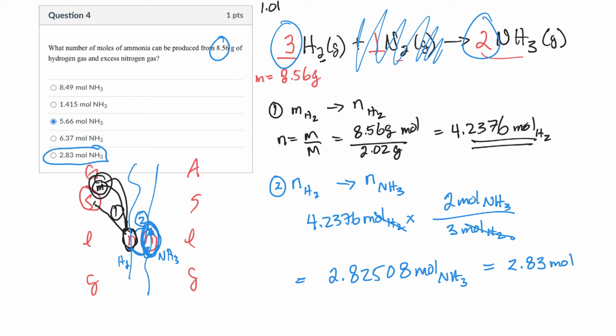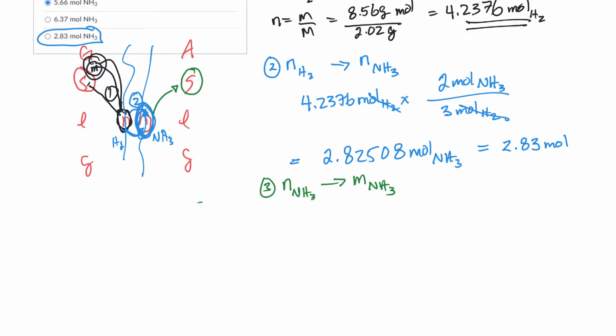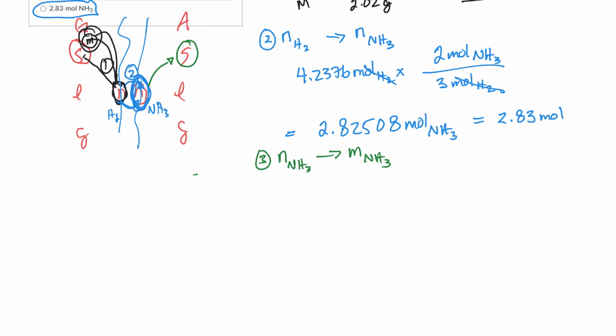Now, had they asked you what is the mass of ammonia gas, let me do that with a different color. If they'd asked me for the mass of the ammonia gas, I'd have to do one more step. I'm going to do it. So I wanted to take the moles of ammonia gas and convert it to mass of ammonia gas. Okay, so this formula is the same as the one before, but you have to manipulate it for mass.